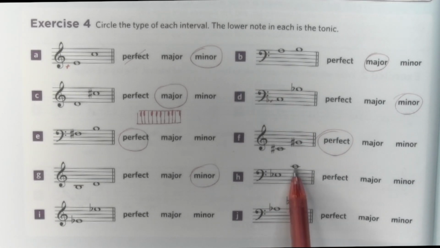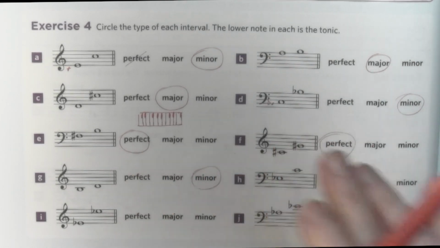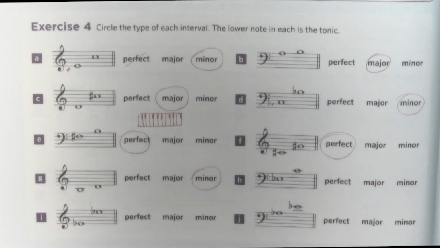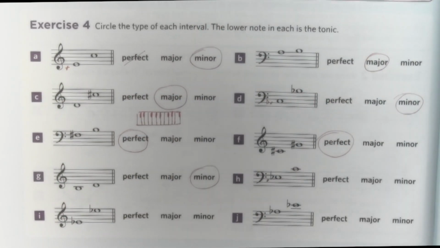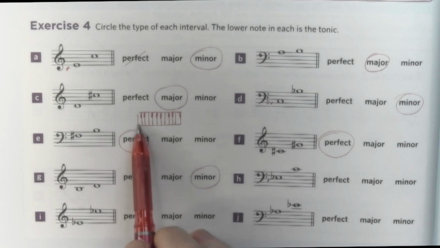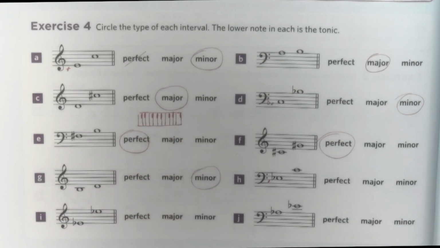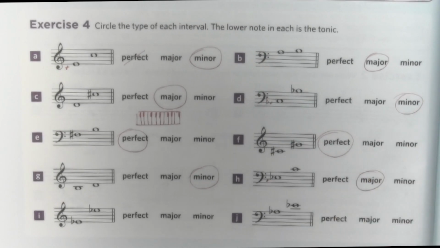Mi flat, do, E flat, Si. Okay. First of all, it's a 6th. Mi, fa, sol, la, si, do. Now we can flip them over and make it a 3rd. What kind of 3rd? 1 and a half, a minor 3rd, which means that flipped over becomes a major 6th.